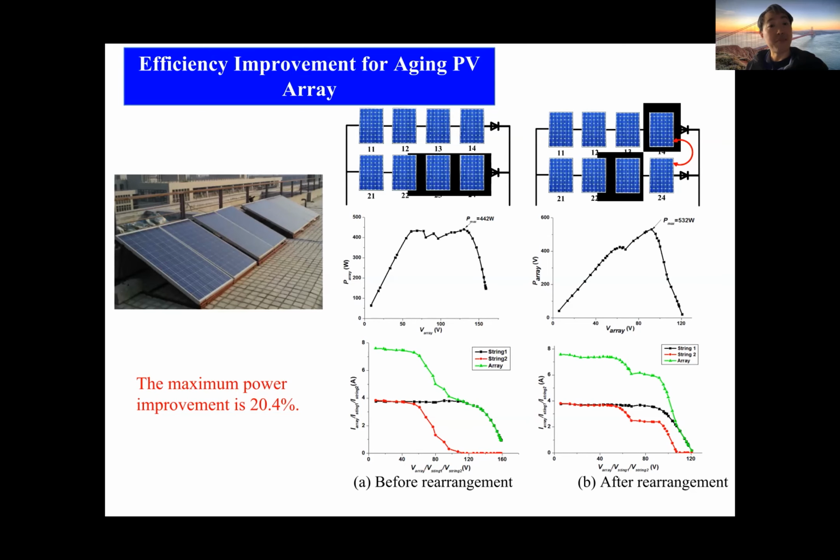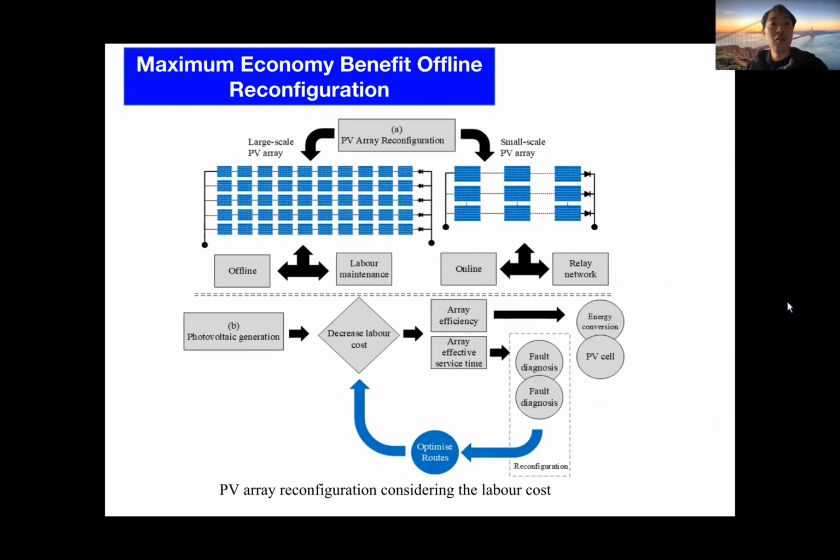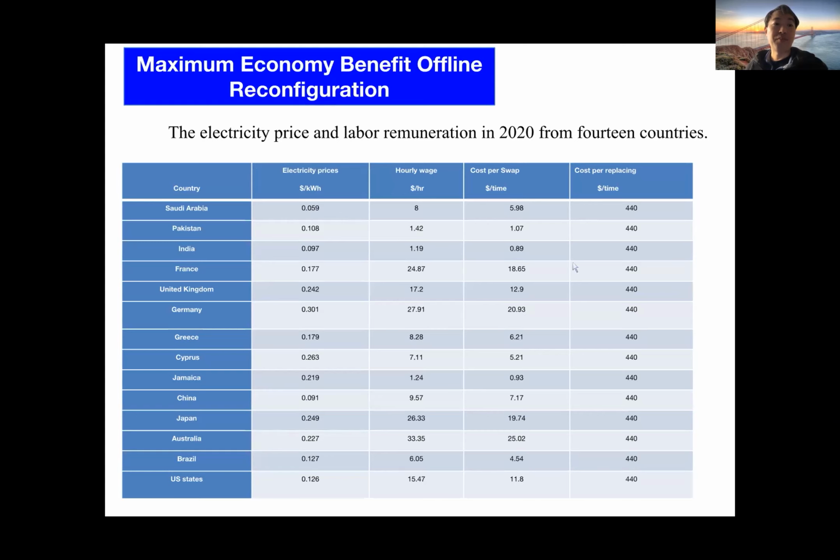My student also did some calculations, considering labor cost and electricity fees, on the benefit for PV arrays in different countries. We compared Saudi Arabia, Pakistan, India, France, the United Kingdom, Germany, China, and the United States for the same case, because different countries have different electricity fees and labor costs.